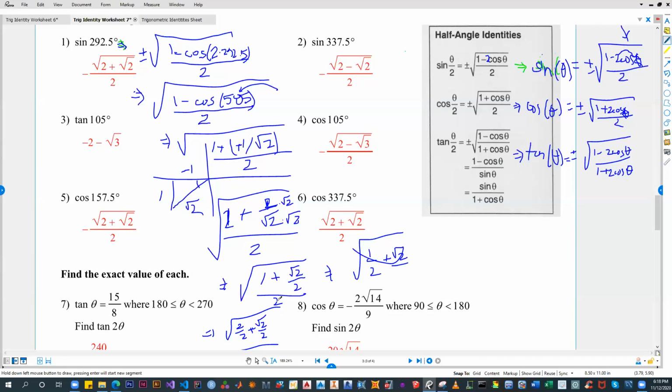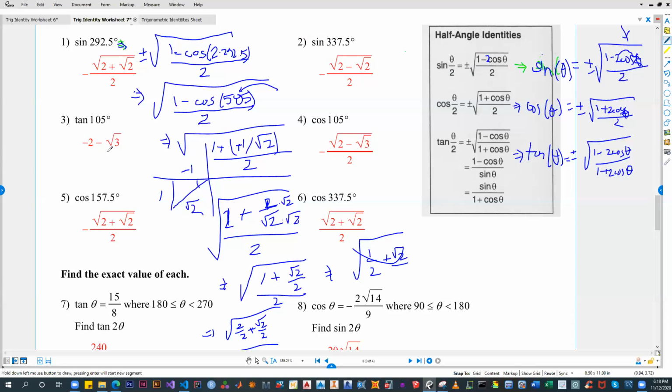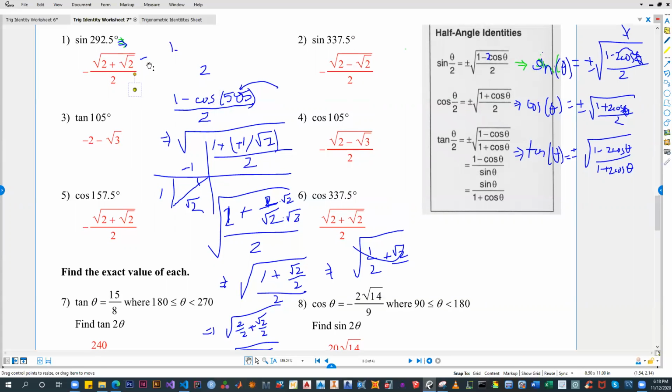And then it's negative, and then it's over 2. So you just apply it that way, right? It's hard to delete this one here. So all you have to do is just apply that 585, which is like the 2 right here. So this 292.5, you apply this 1 minus cosine 2 times that guy over 2. And you should get, once you simplify, use the unit circle, you should get that value.